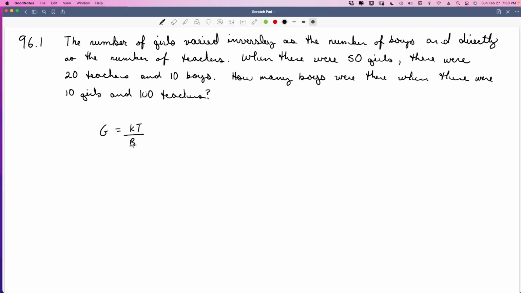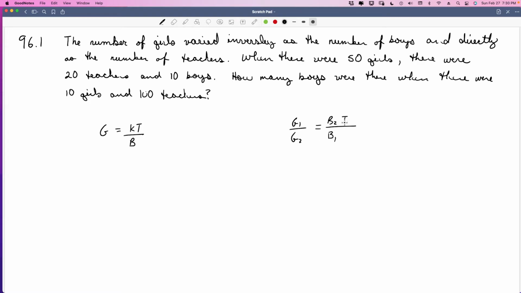All right, so we see how that works. We can also write a proportionality statement with the same information. So the number of girls, G1 over G2, is equal to, they varied inversely as the number of boys, so we invert the boys, B2 and B1, but directly as the number of teachers.